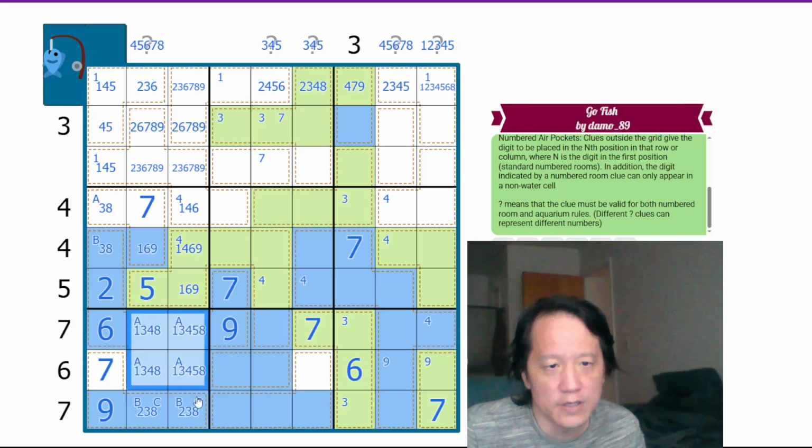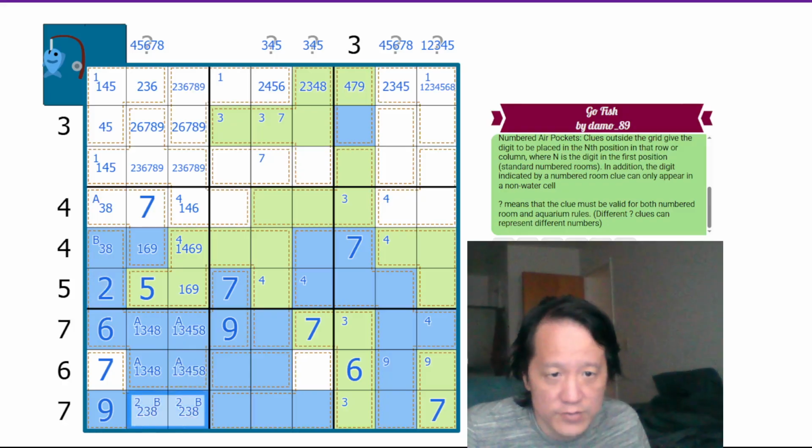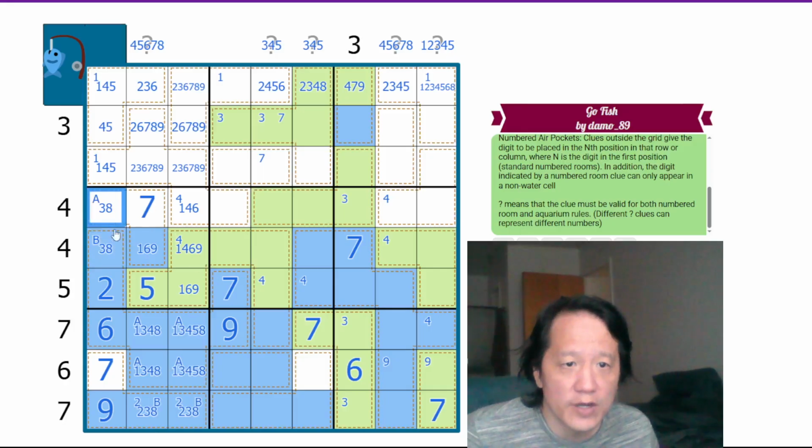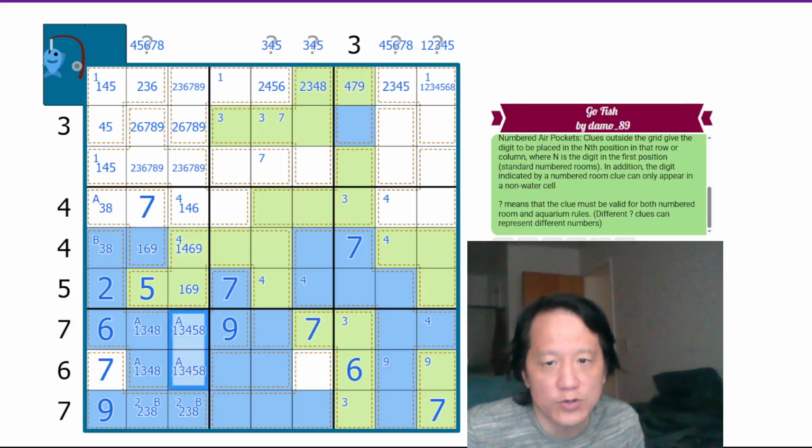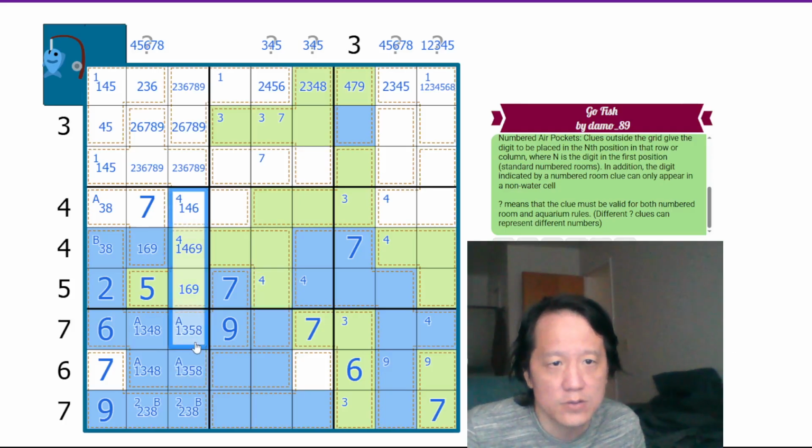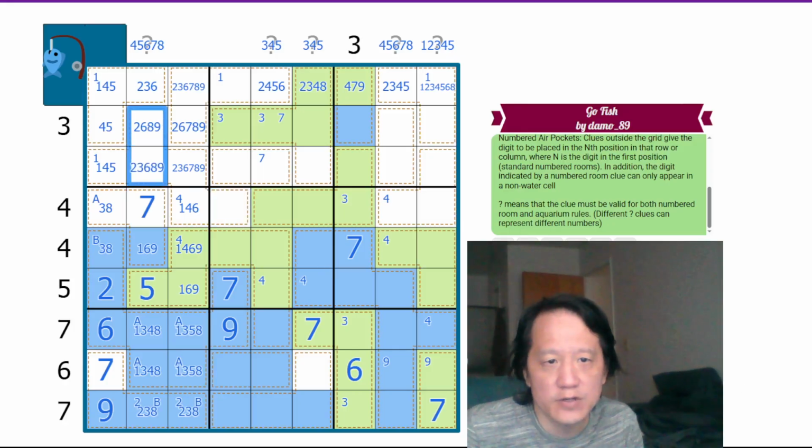2 in the cage. So 2 has to be one of these two. And a C, so we don't have to have C anymore. So we have A and B here. So 4 has to be one of those two, which means 4 cannot be here. That was interesting. 7 eliminates 7 in here.